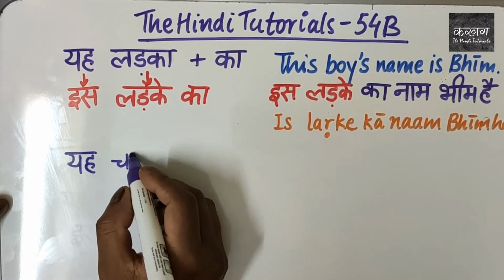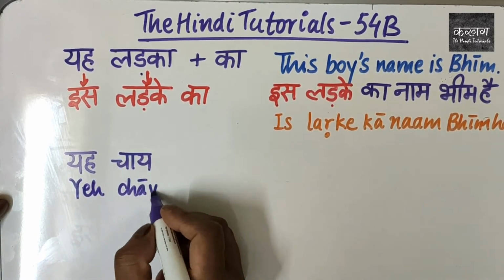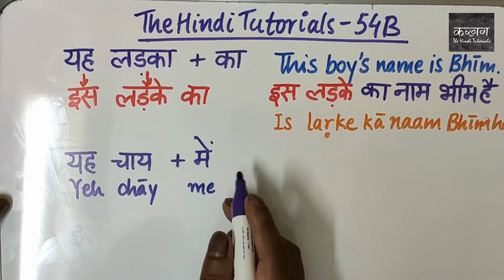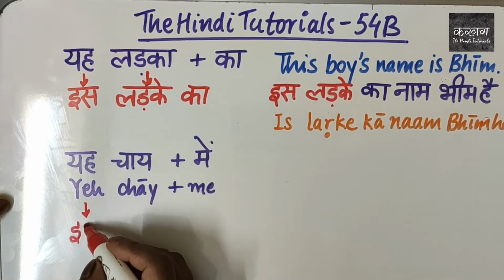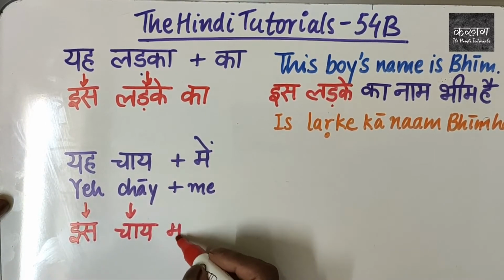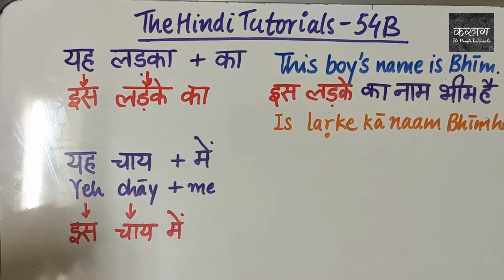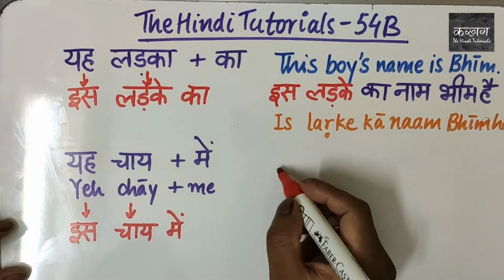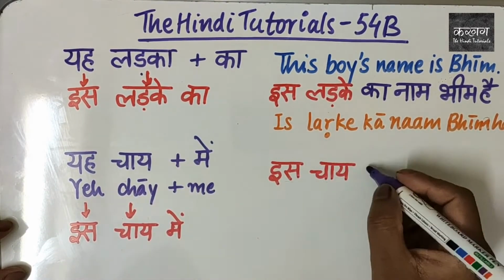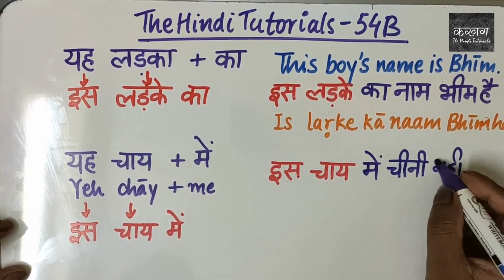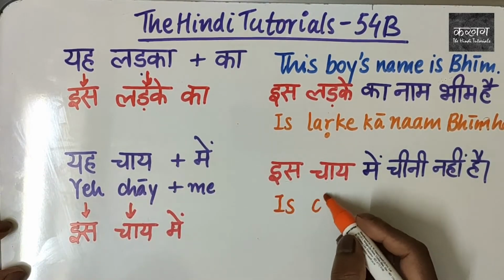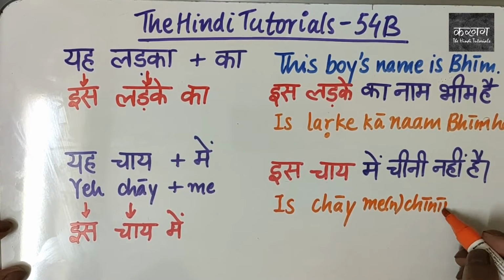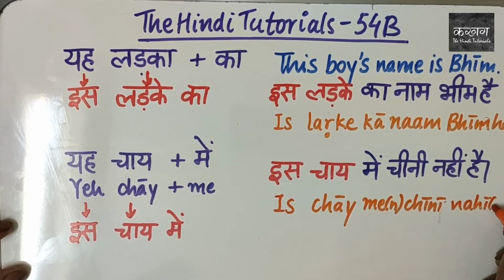Now, ye chai, this tea. If we add me to ye chai, it will become is chai me, in this tea. For example, इस चाय में चीनी नहीं है. There's no sugar in this tea.